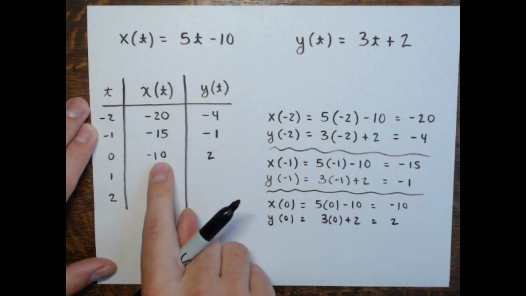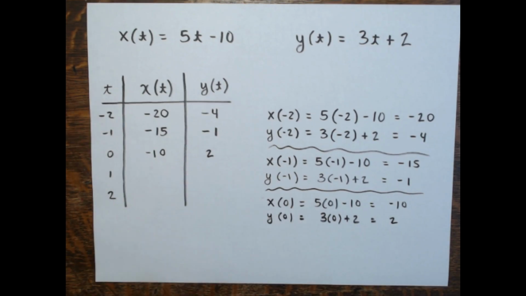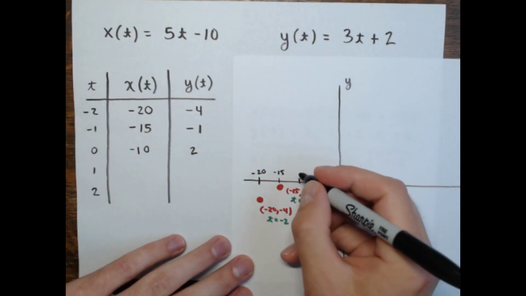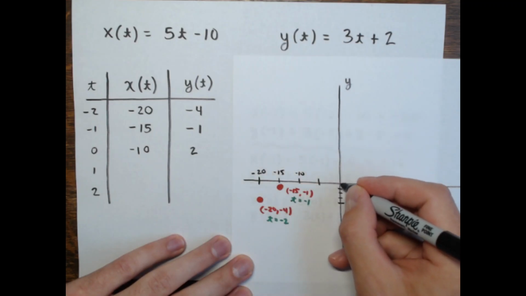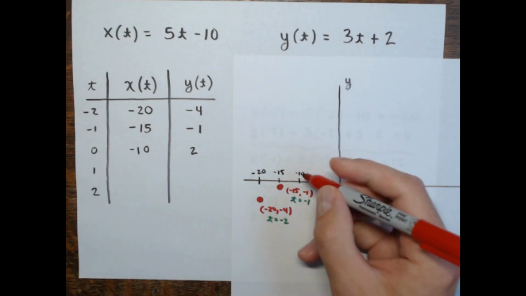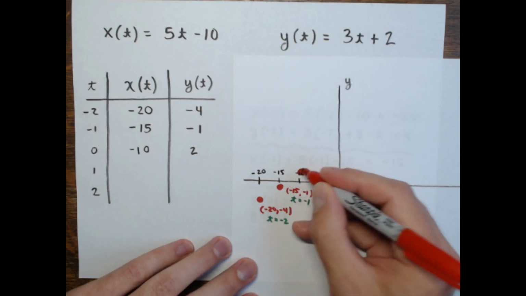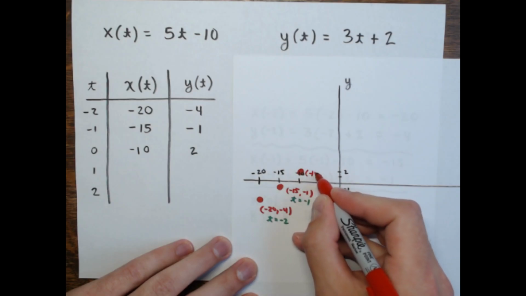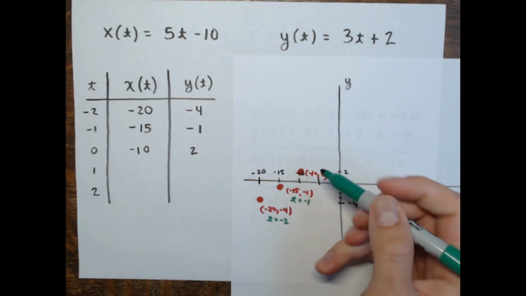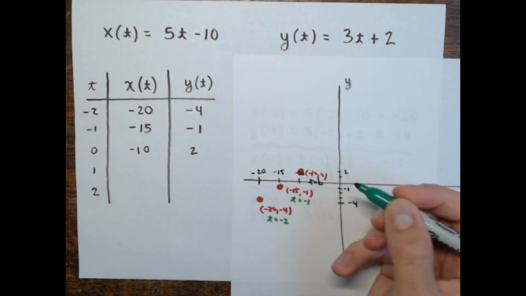Okay, so we're at the point -10 for x, +2 for y. And once again, I'll draw a picture. So -10 for x, and then 0, 1, +2 for y. We're at this location here. Sorry about the overlap there, -10, comma 2. And this is the point when t equals 0.